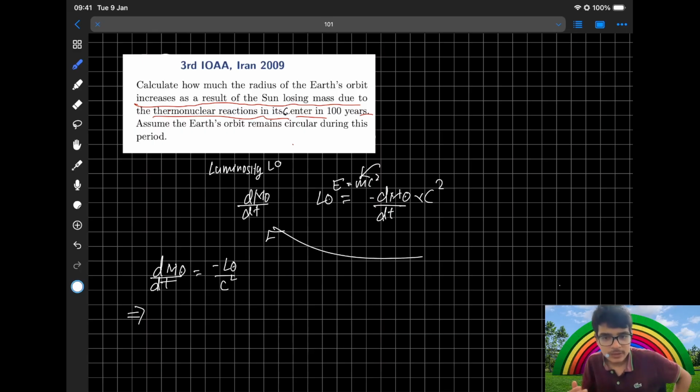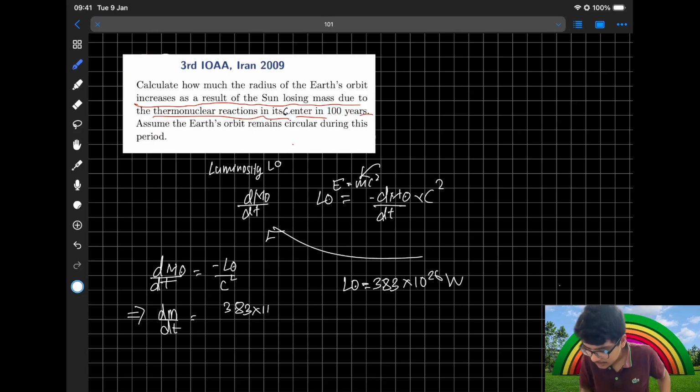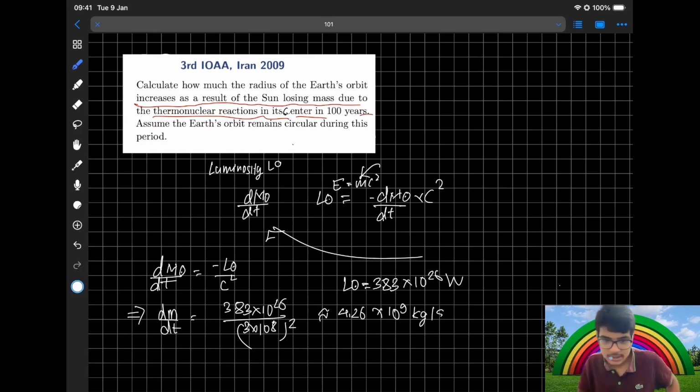We have L naught as 3.83 times 10 to the power 26, so dm divided by dt is 3.83 times 10 to the power 26 divided by (3 times 10 to the power 8) squared, which comes to approximately 4.26 times 10 to the power 9 kg per second.